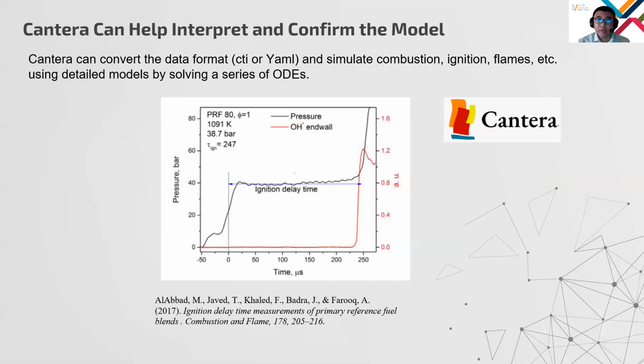So it's a very important benchmark for us to validate our combustion model. Cantera can help us simulate this ignition delay time, and we compare it with the experimental result. If the two results are similar, that means our model is reliable. So this is just a very basic method of how to use Cantera to validate a model.